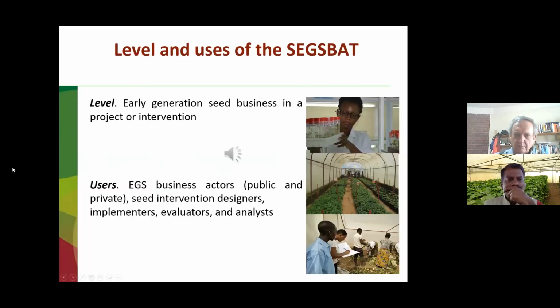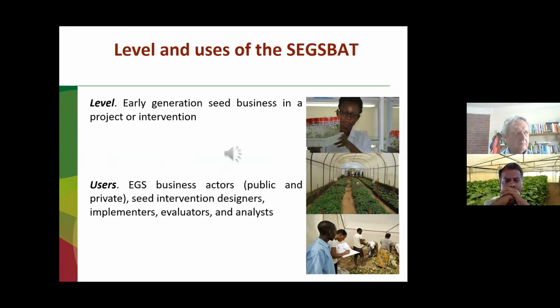Normally this tool is used at the project or intervention level. If the project is supporting a particular early generation seed business case, we should be able to know whether the project support to the early generation seed business is going to be sustainable or not.